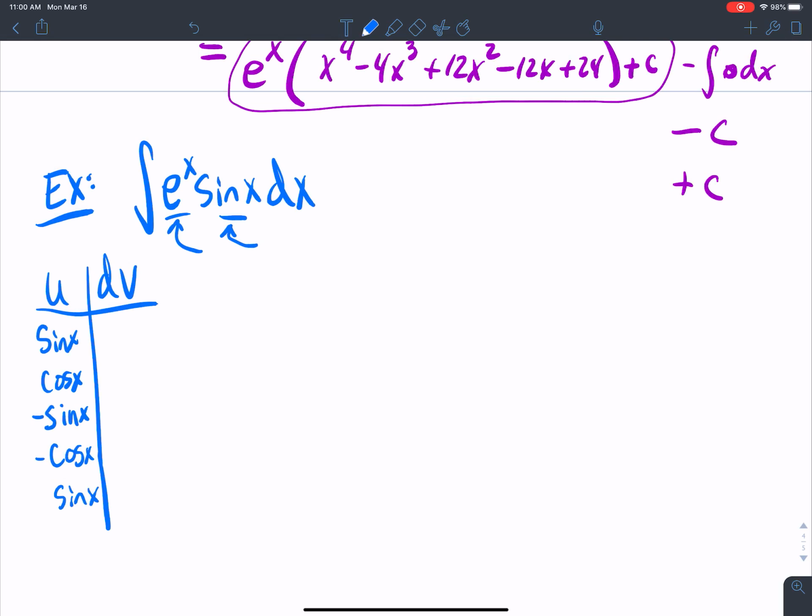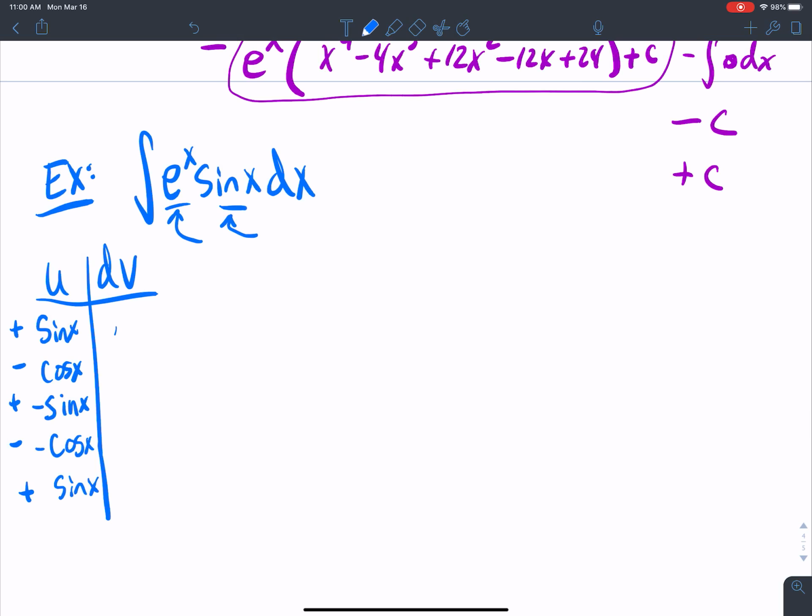So it cycles through, and I got plus, minus, plus, minus, all the way through. So it's cycling through, and you get right back to where you were. So the cycle repeats. Maybe it's off by a constant, but the cycle ultimately repeats.